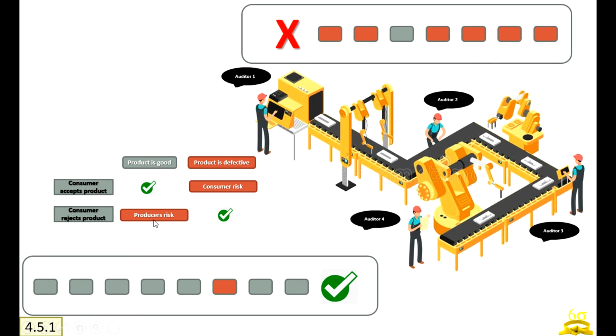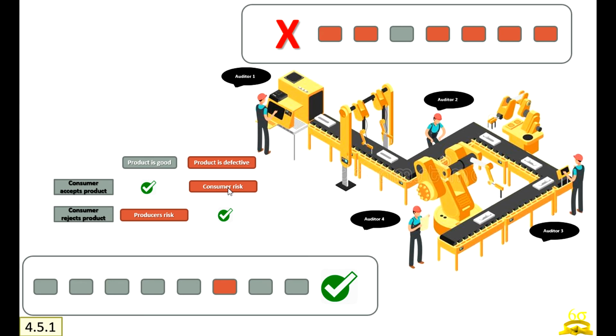Producer's risk is okay, but if you have given a defective product to a consumer, then you might lose the customer, right? So, that is the biggest risk. So, beta risk is the biggest risk always, and alpha risk is something you can live with, but you cannot live with something like a beta risk, which is a consumer's risk, right?